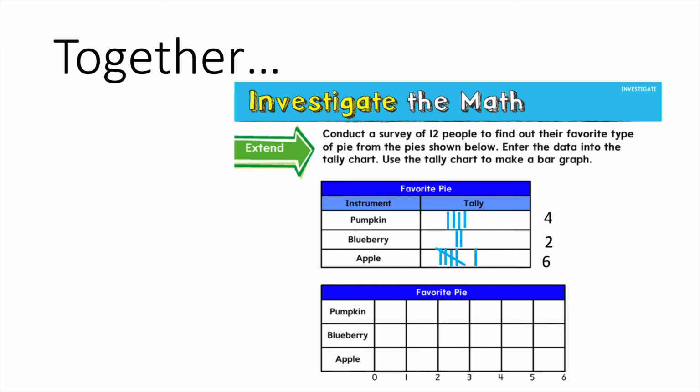So if we want to make a bar graph using this data, where would my pumpkin bar stop at? Very good. 4. Where would blueberry stop at? How many votes did blueberry receive? 2. And apple has how many votes? 6. So my bar graph is going to go all the way to 6. So this is how we make a bar graph, boys and girls, using a tally chart.